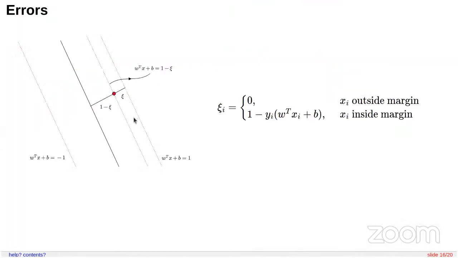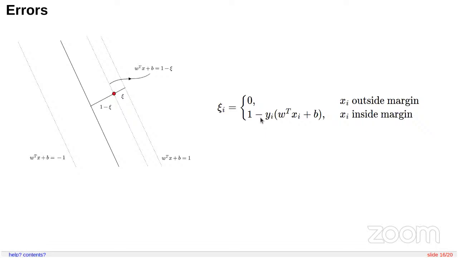So the lines that are going to be important for me are going to be 1 unit away from my decision boundary, and that is going to be my zone of confidence in some sense. I don't want anything to penetrate that. If some data point is penetrating that region, then I'm going to penalize it, and this is how I'm going to penalize it.